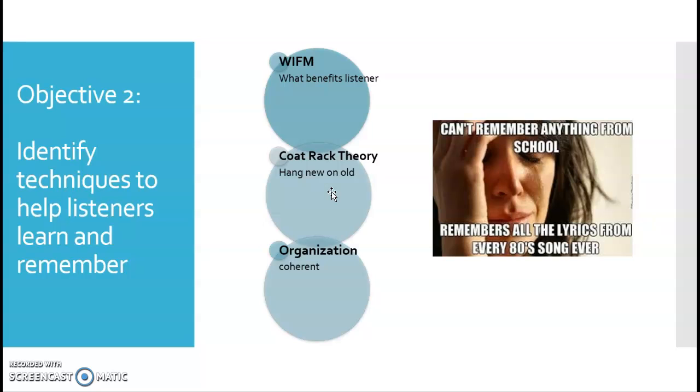The second concept is the coat rack theory. The coat rack theory says, in order for people to remember, we want to tap into long-term memory storage. And the idea is we hang new information on old. Just as a coat rack has hooks and you hang your coat on that, you want to first tap into the existing hook and then layer new information on.